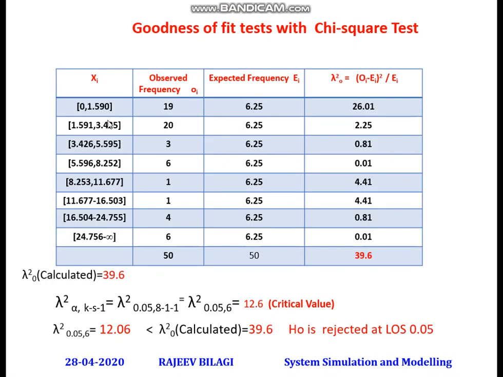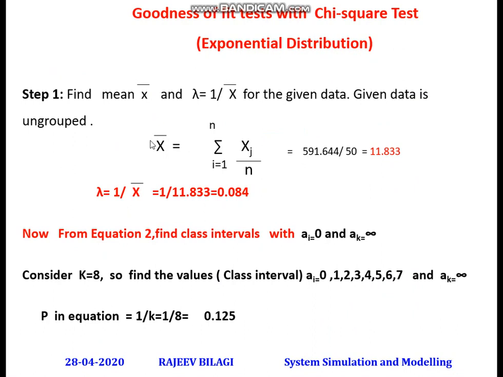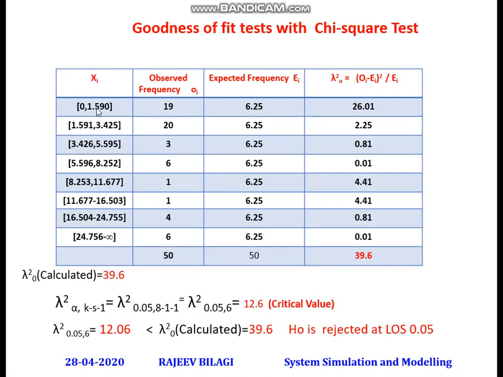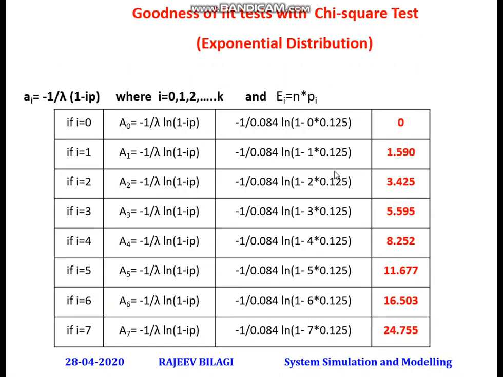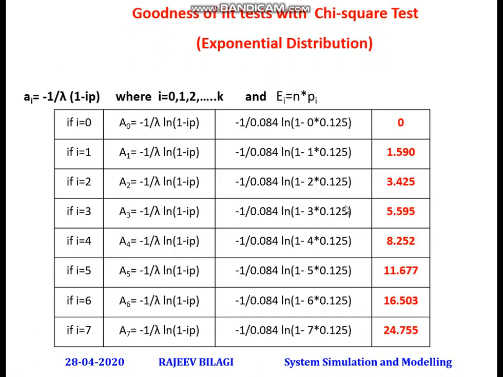We have to find out these particular class intervals. So the first one will be 0 to 1.590. The next one will be 1.591 to 3.425. Next 3.426 to 5.595.